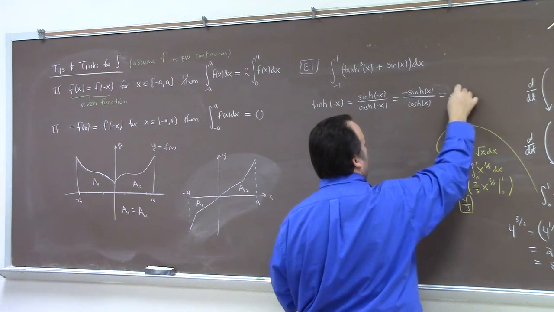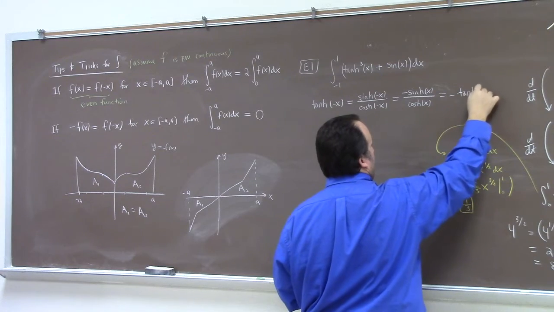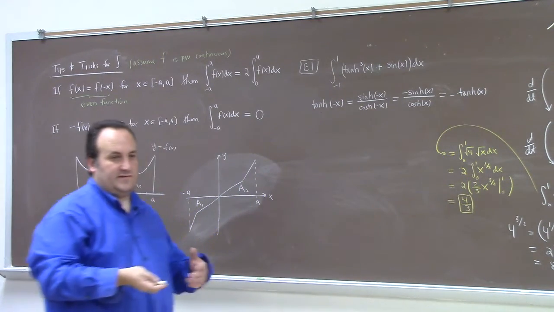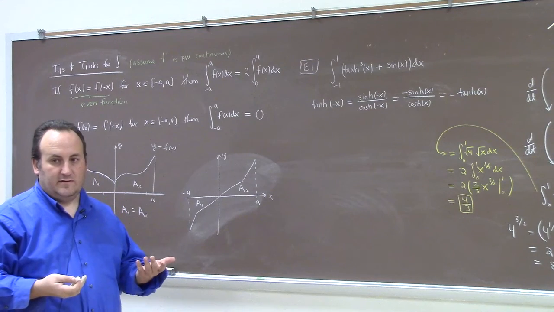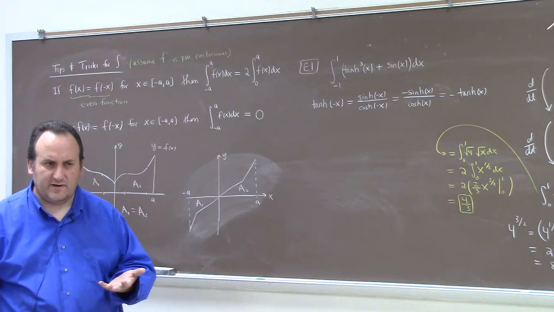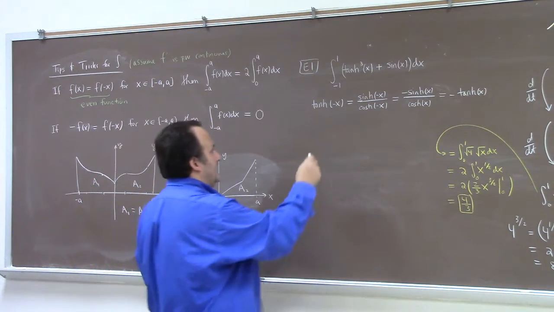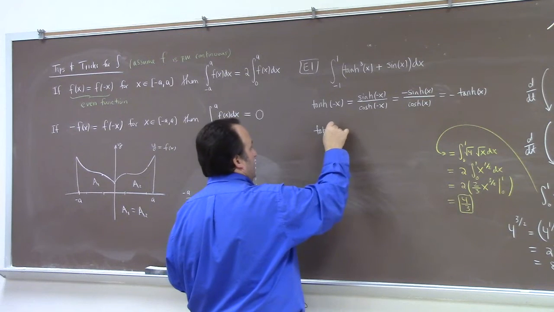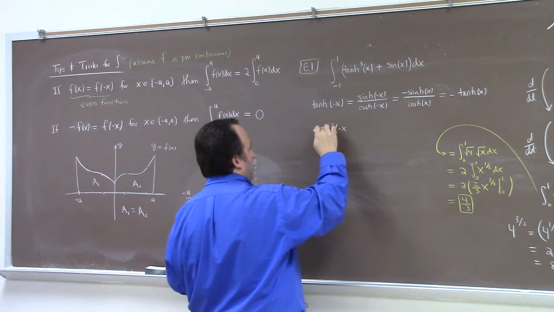What does this say? This says that tanh is an odd function. What about the cube of an odd function? Is it itself an odd function? Let's try it out. So how about tanh cubed of minus x? What happens there?